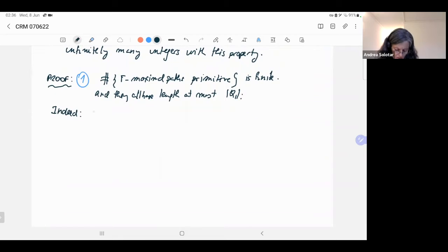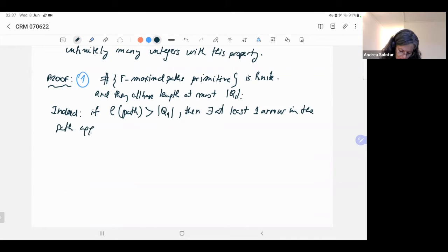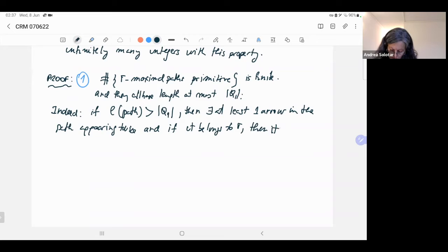Well, indeed, if the length of a path is bigger than the number of arrows, then there is at least one arrow appearing twice. And if it belongs to gamma, the path cannot be gamma maximal, because you're going to continue going around and you will continue having relations. So because you already have more than one, you have been going around the cycle more than once, okay?